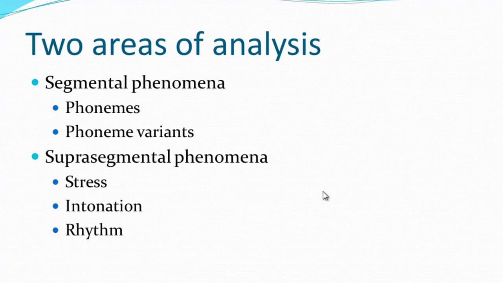For the segmental phenomena, we can compare and contrast the phoneme and the phoneme variant, I mean, the different ways of pronouncing the same phoneme. For example, in English, it's the same phoneme /p/, right? We can have aspirated and non-aspirated variants.